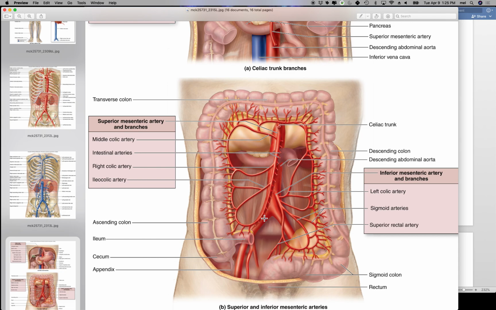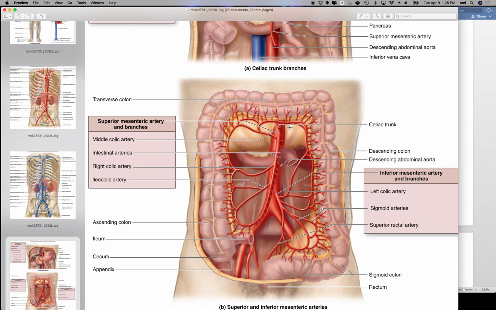Good? So which portions does the superior mesenteric supply? You can see, ascending and transverse primarily, although there's a little overlap right here, a little bit of anastomosis between those two. But primarily it's ascending colon and transverse colon. Everybody okay?